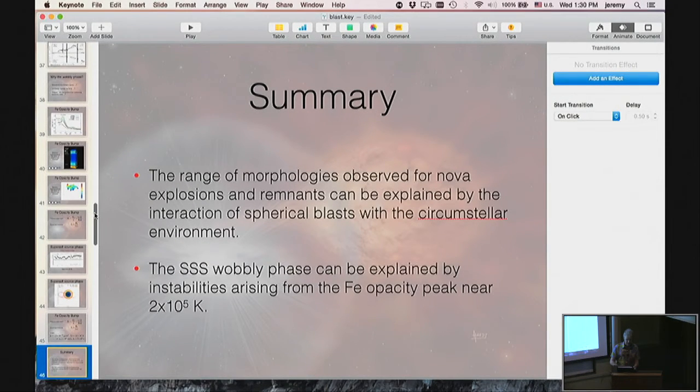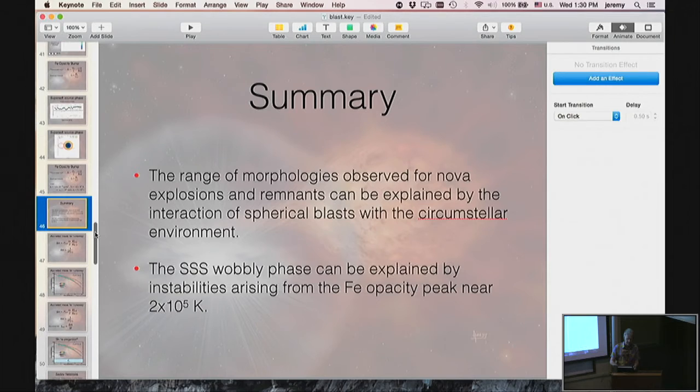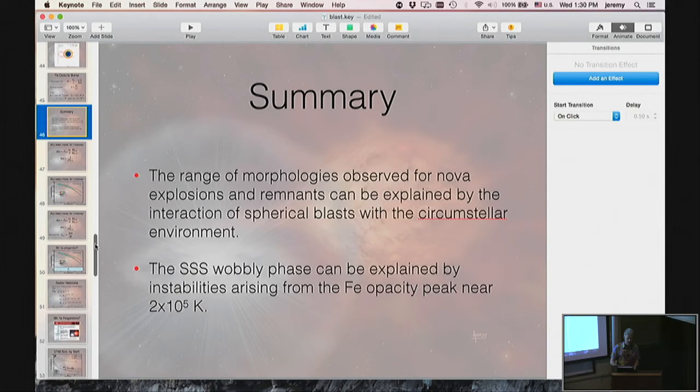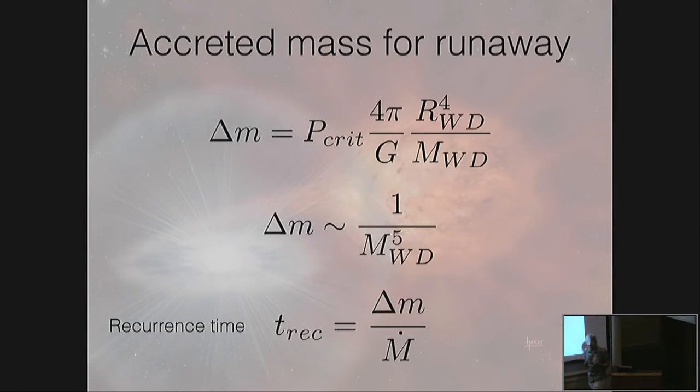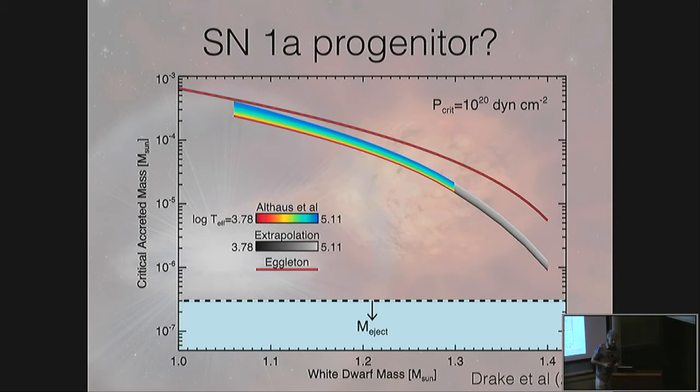So, of course, they are relevant for the supernova question. Supernovae. But the main thing here is this delta M required to produce is that critical accreted mass as a function of the white dwarf mass here.